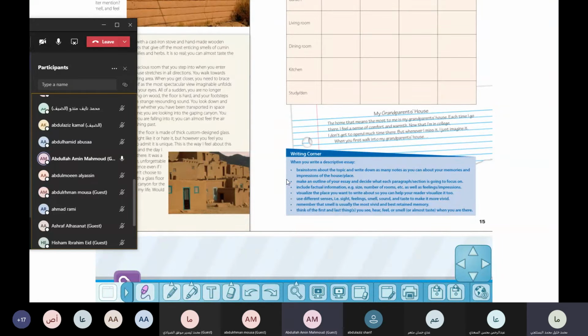Brainstorm about the topic and write down as many notes as you can about your memories and impressions of the house. Good. So if you want to write a descriptive essay, you have to brainstorm.